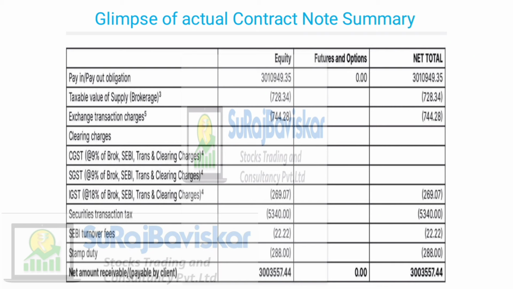And at the bottom of the summary, the net amount receivable or payable by the client, there is a difference, and this difference is because of a lot of different charges like brokerage, exchange transaction charges, IGST, security transaction tax, SEBI turnover fees, stamp duties, etc. Irrespective of whether you make a profit or loss, you have to pay these charges to SEBI, the exchanges and the broker.